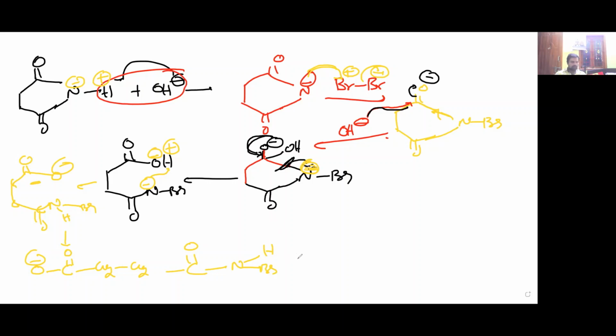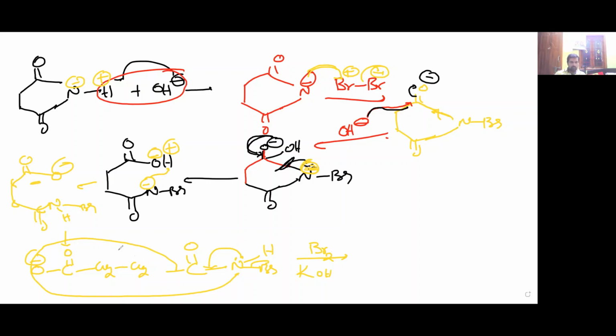So after that, what will happen? This is N substituted amide, then you add Br2 KOH again. Same thing. This is very simple. You added KOH again. This is the pair that is there. Like this, it is shifting. The whole group is migrated like this. Then Br minus is leaving.